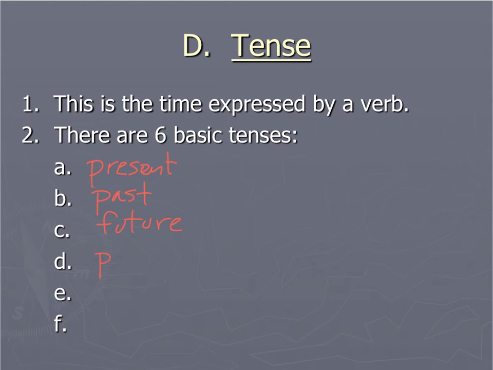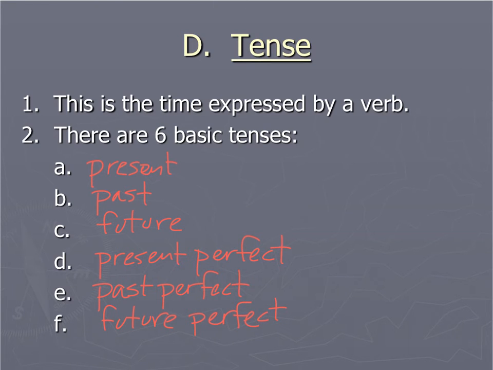And then we also have the present perfect, we have the past perfect, and then the last one we need to know is the future perfect. So these are your 6 basic tenses.